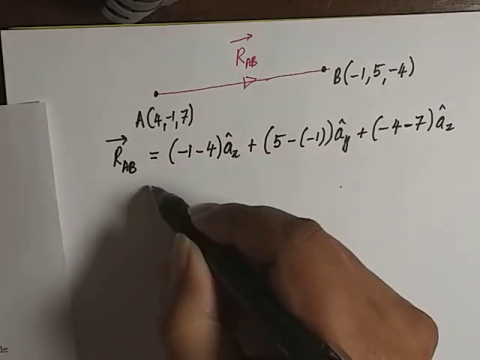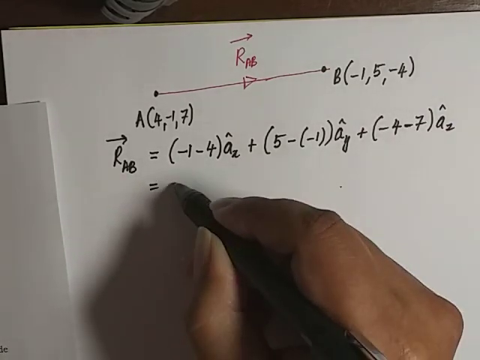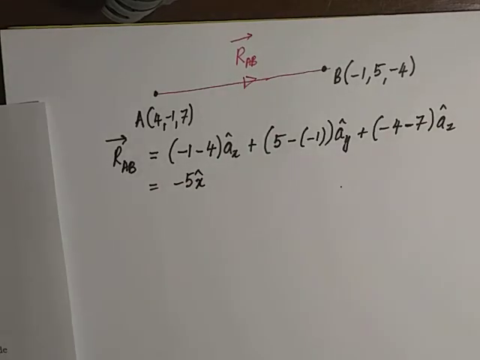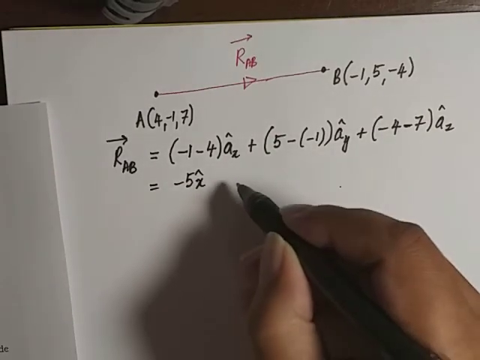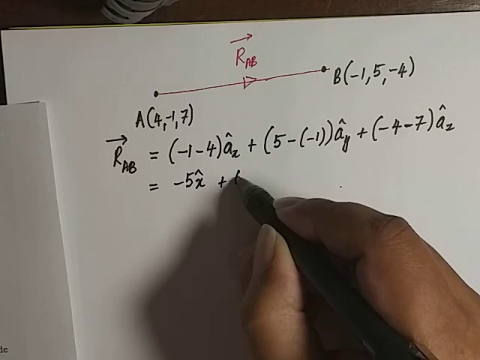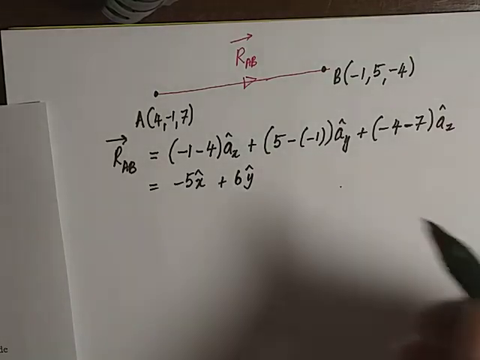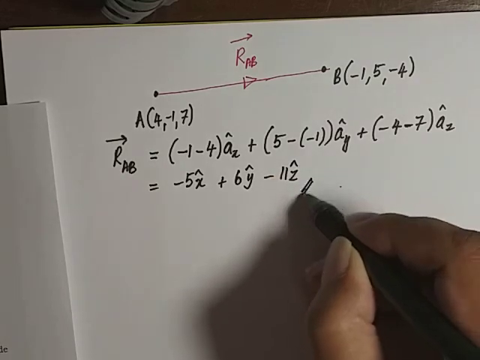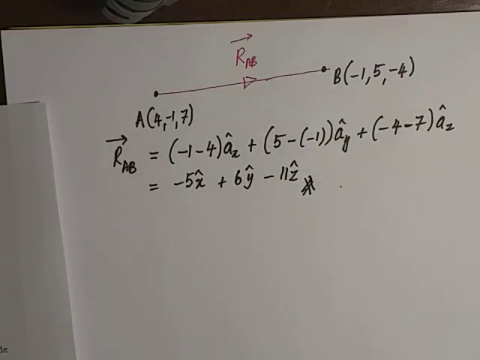So we can have it equal to -5. Let's write it another way with unit vectors: -5 X hat, plus 6 Y hat, and then minus 11 Z hat. So that should be the solution for the position vector from A to B.